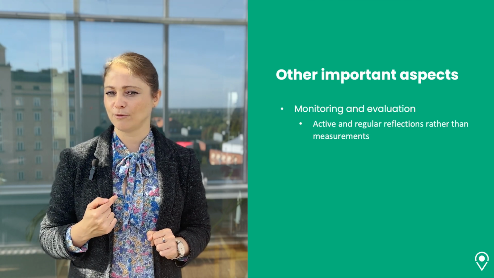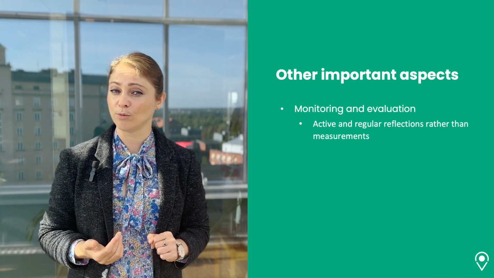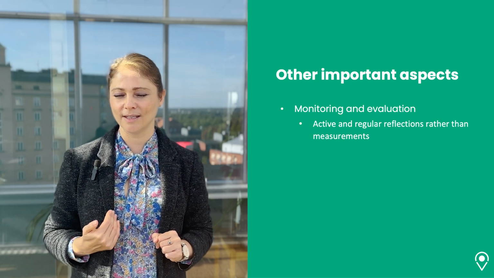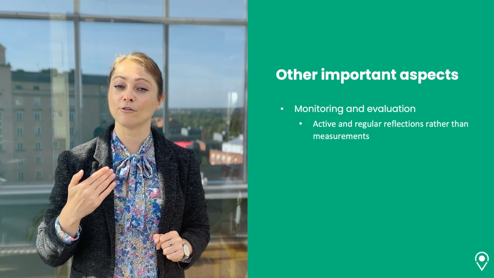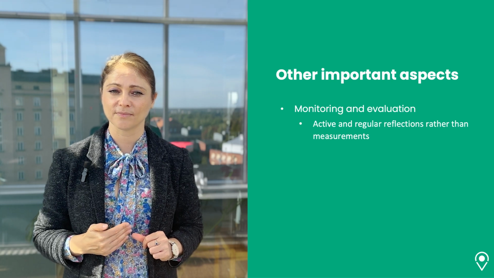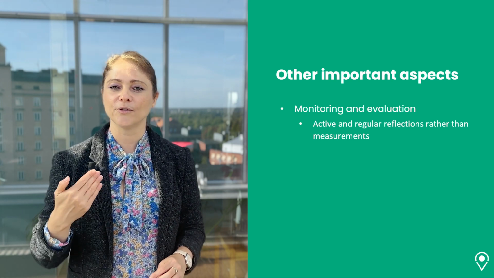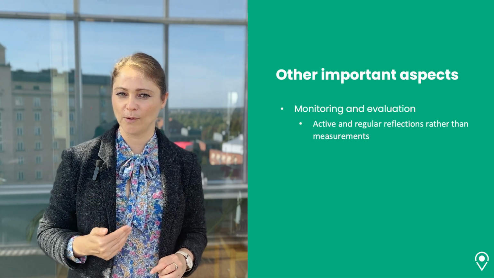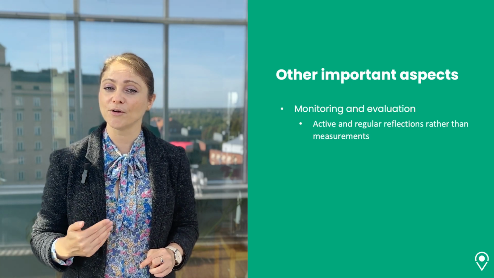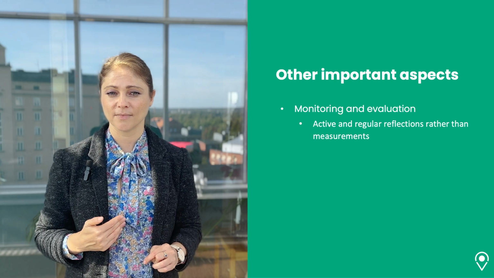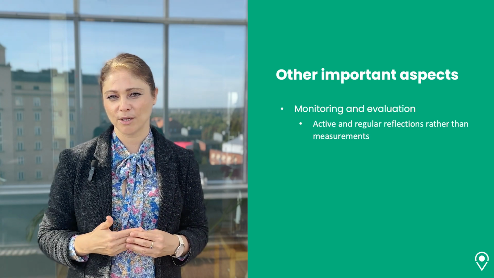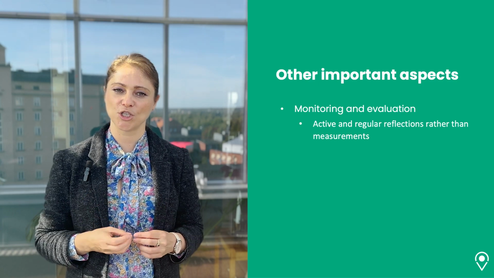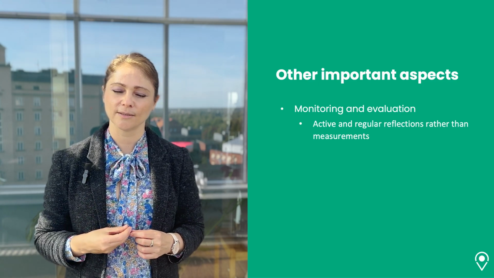Progress may not be visible for a long time, as changes in mental models and approaches occur in people's minds that cannot be seen immediately, but which form the basis for profound transformations. Active and regular reflections, rather than measurement, can become the primary form of evaluation, which can also trigger higher order learning in participants. But other forms of evaluation and monitoring can also be introduced if members feel they can capture the complex changes that the arena has triggered.